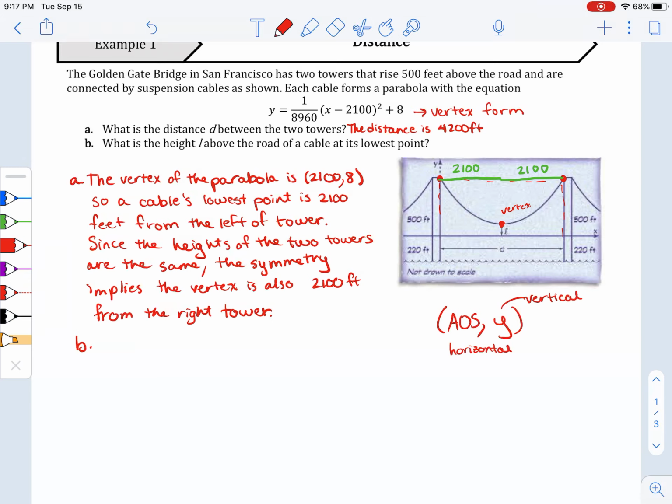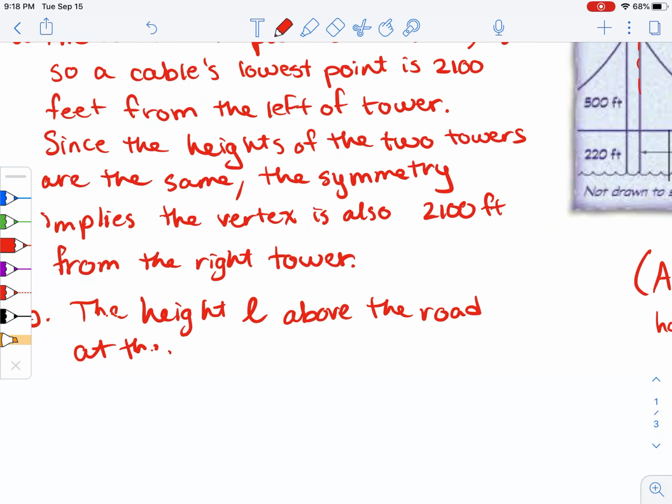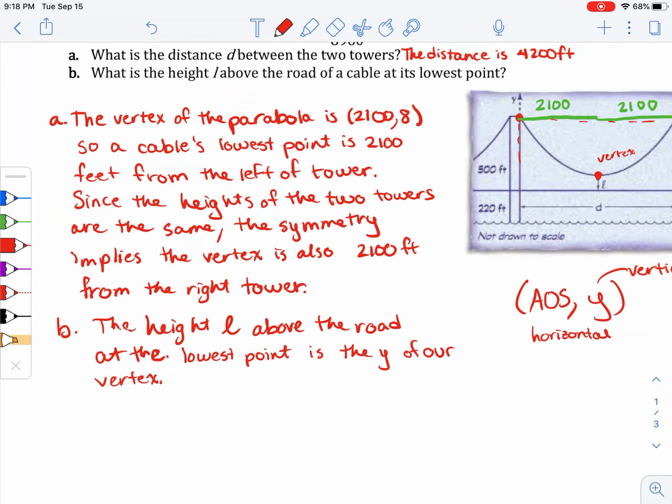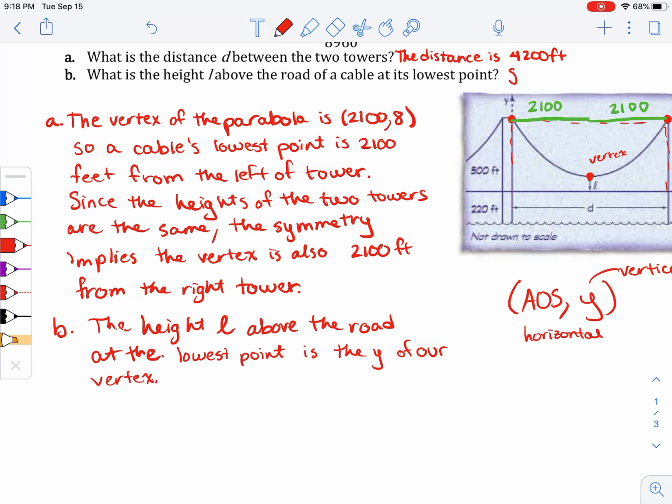So from our vertex, we can just say the height L above the road at the lowest point, because that's what our vertex is, it's a lowest or a highest point, is the y of our vertex. So that means your height is 8 feet.